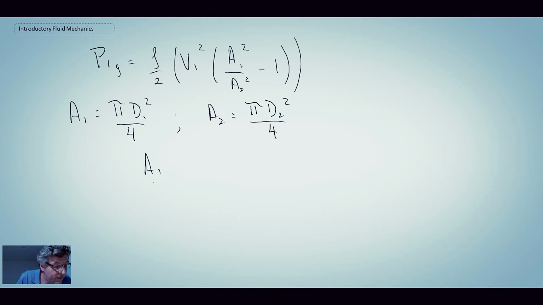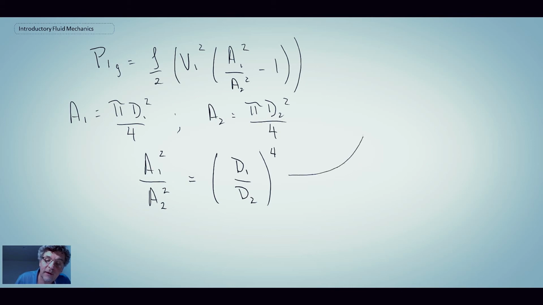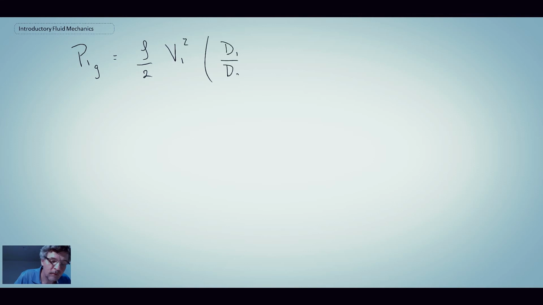And as a result, the ratio of A1 squared to A2 squared is then equal to, the pi and the 4 are going to cancel. We'll get a D1 over a D2. That's squared and squared, so that is raised to the power 4. So what we're going to do, let's take this and plug it into that equation. Okay, so we get this equation.